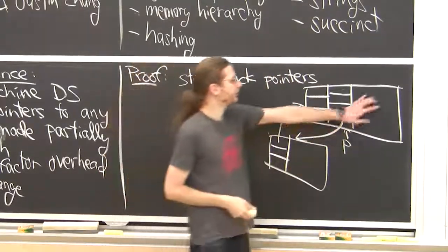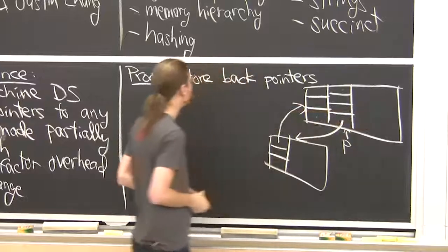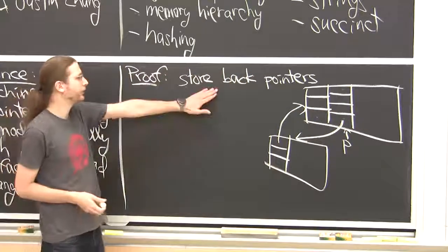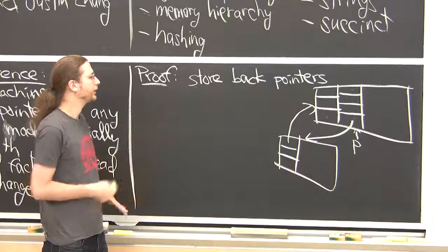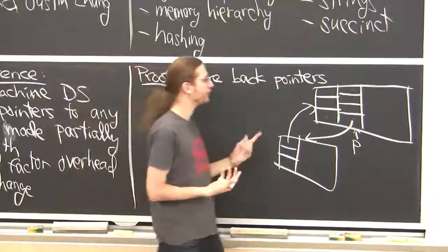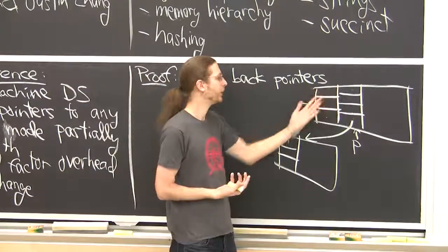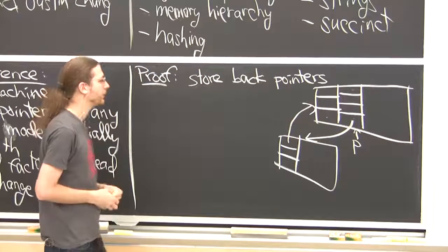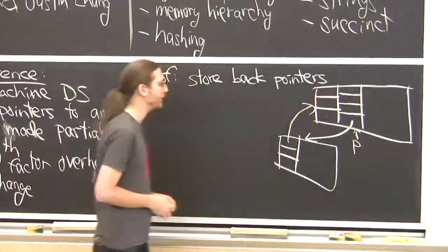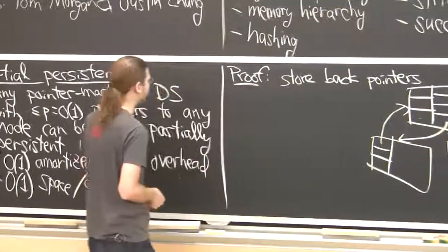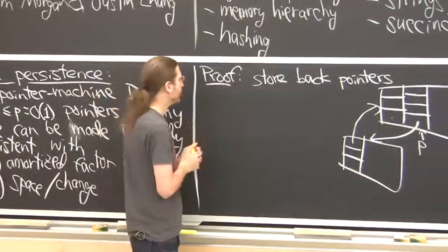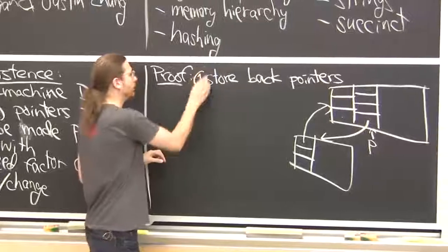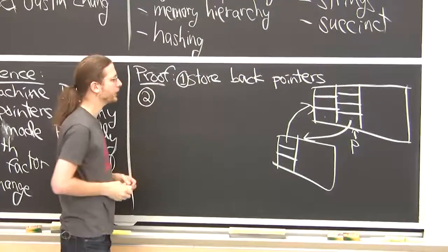I'm going to need some other stuff too. This is a simple thing. Definitely want this, because if my nodes ever move around, I've got to update the pointers to them. And where are those pointers? Well, the back pointers tell you where they are. All nodes will still be constant size. Remain a pointer machine data structure. Okay, that's idea 1.